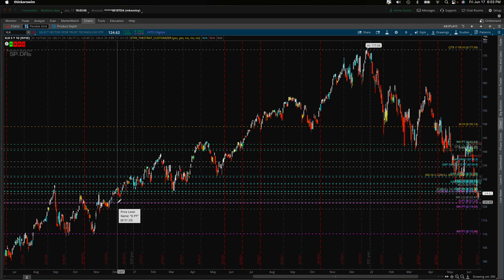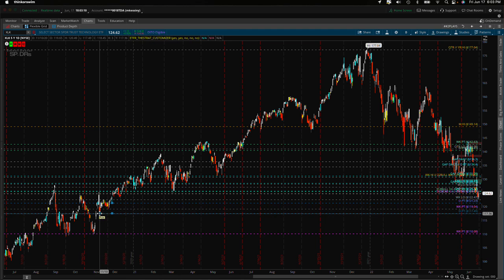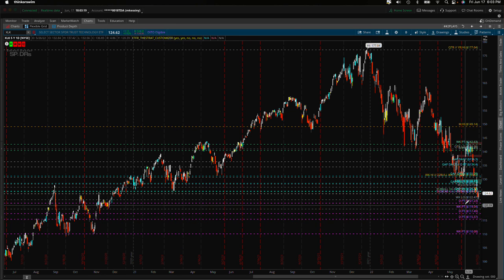Then we have, let's duplicate. So we have another price target here, and then duplicate one more time, another price target there. So we have a good amount of insight between these levels here.